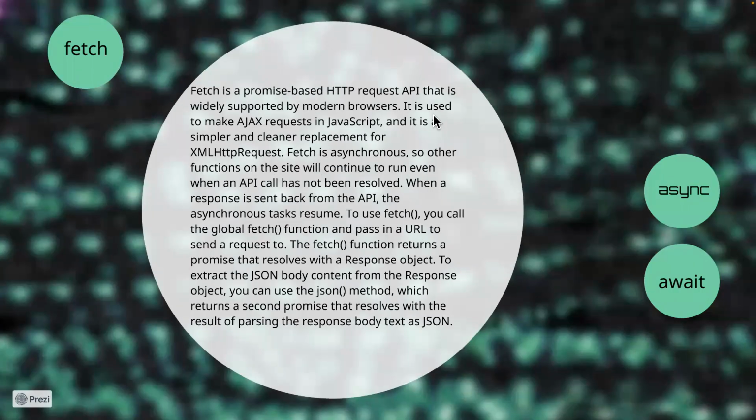Fetch is a promise-based HTTP request API that is widely supported by modern browsers. It is used to make AJAX requests. We'll learn a little bit about what this is. This is not fundamental to this lecture. It requests in JavaScript, and it is a simpler and cleaner replacement for a different type of request.